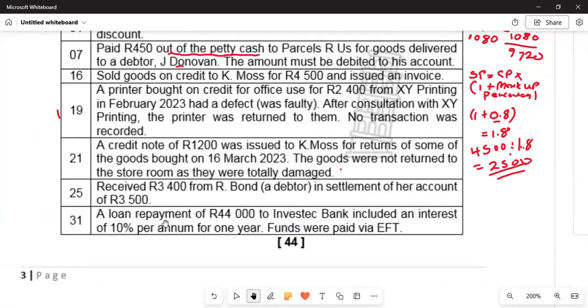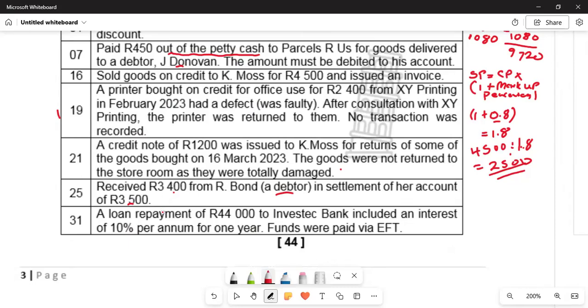So here we are on the 25th. Received 3,400 from Arbond, who is a debtor, in settlement of her account of 3,500.